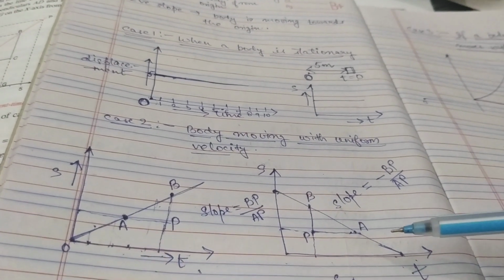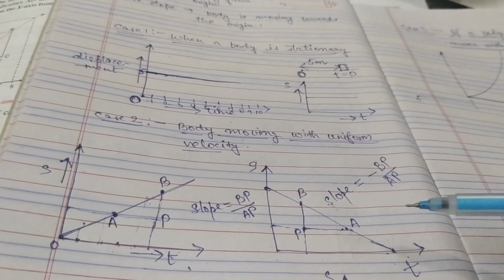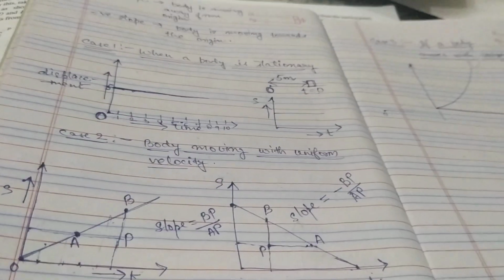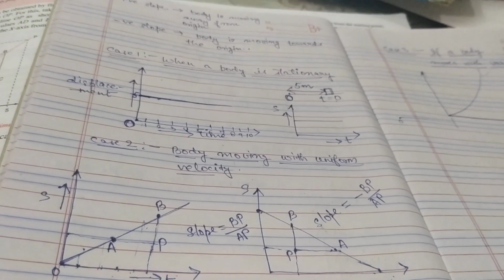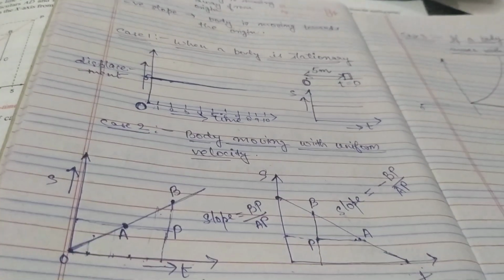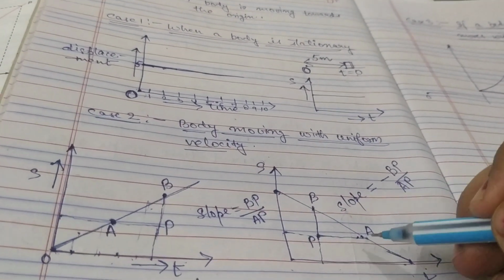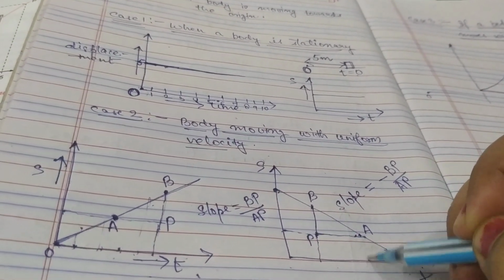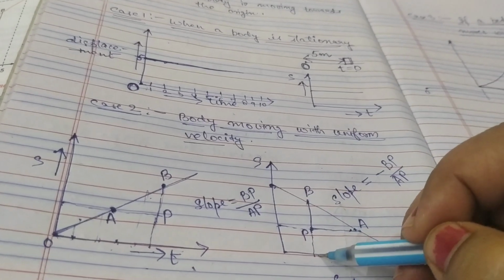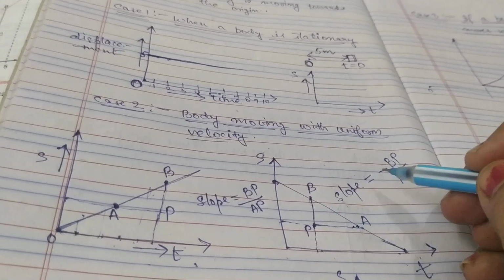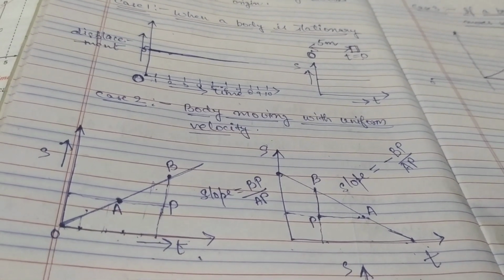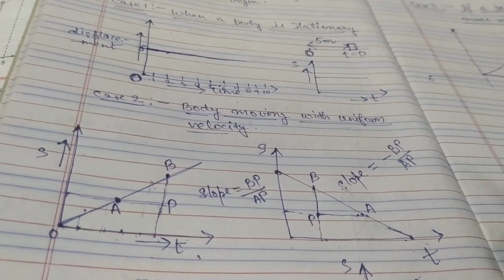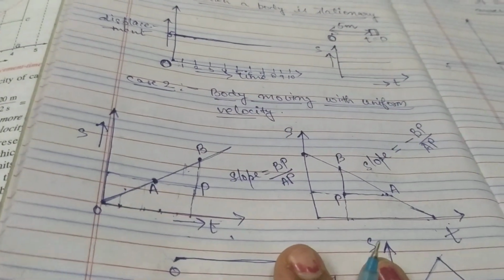So actually the slope is the final displacement minus initial displacement upon final time minus the initial time. Here the final displacement is smaller than the initial one. This will come out to be a negative thing. So slope, you just know it here.